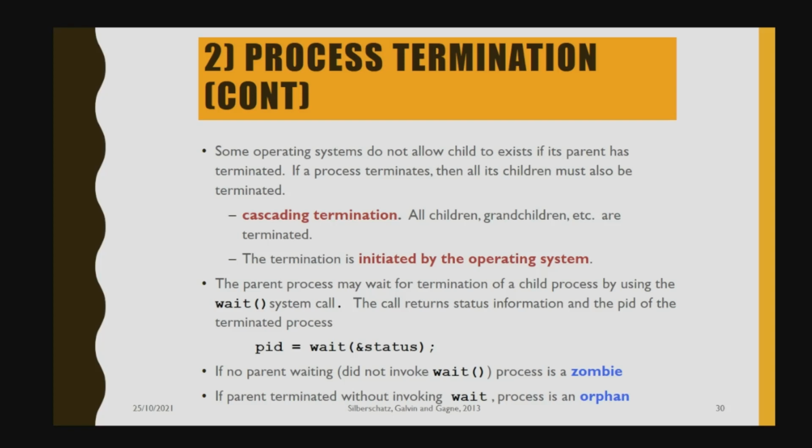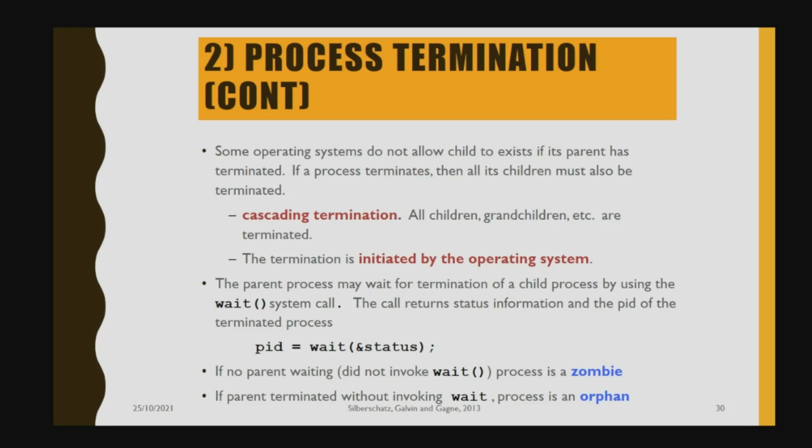It means cascade everything, and the termination is initiated by the operating system based on the system call. The parent process may wait for termination of a child process by using the wait system call, and the call returns status information and the PID, the process identifier, of the terminated process.